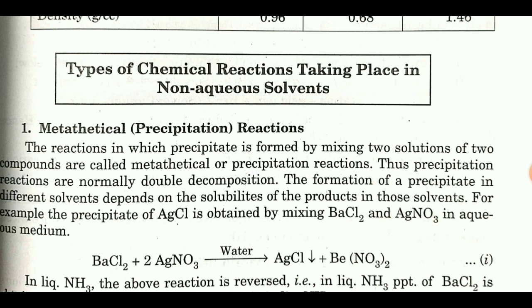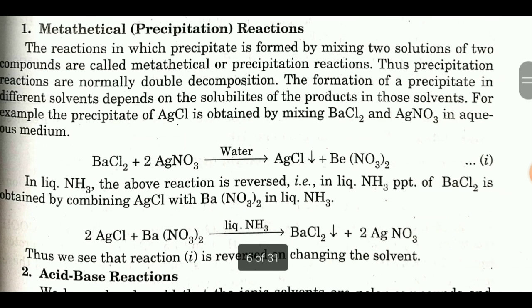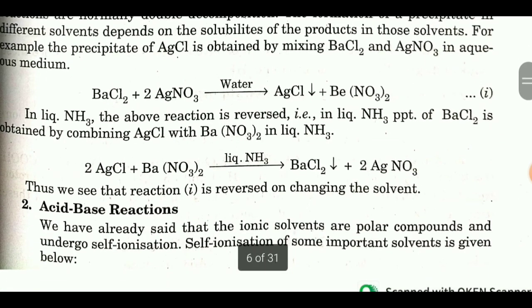For example, the precipitate of AgCl is obtained by mixing BaCl2 and AgNO3 in aqueous medium. In liquid NH3, the above reaction is reversed. That is, in liquid NH3, a precipitate of BaCl2 is obtained by combining AgCl with Ba(NO3)2. Thus, we see that the reaction is reversed on changing the solvent.